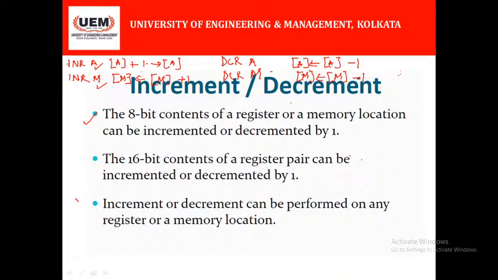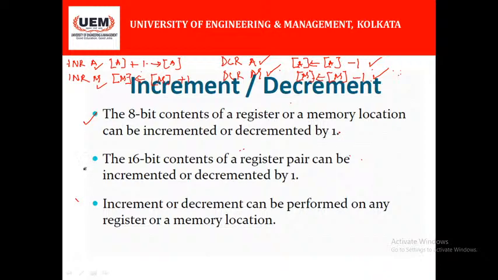So this deals with the accumulator, and this deals with the memory. In this case, the register content is decremented by 1. In this case, the memory content is decremented by 1.